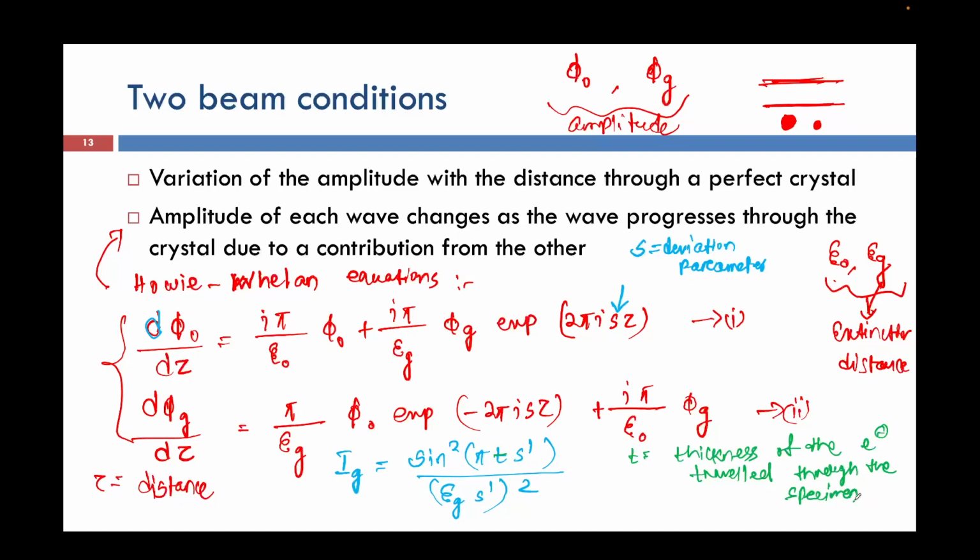Okay, and here there is a new terminology called S dash. Here we have seen that the deviation parameter is S, so S dash is nothing but the effective deviation parameter.